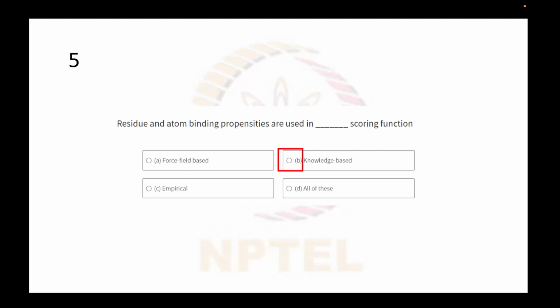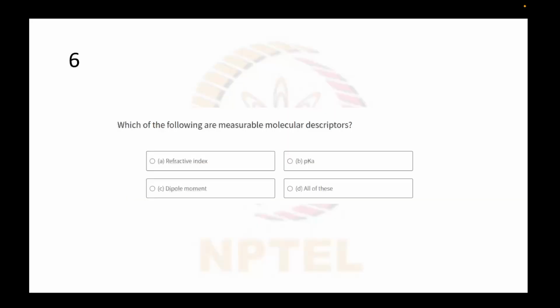It is knowledge based. Residue and atom binding propensities are used in knowledge based scoring functions. So, which of the following are measurable molecular descriptors? Whether refractive index, pKa, dipole moment, or all of the above.